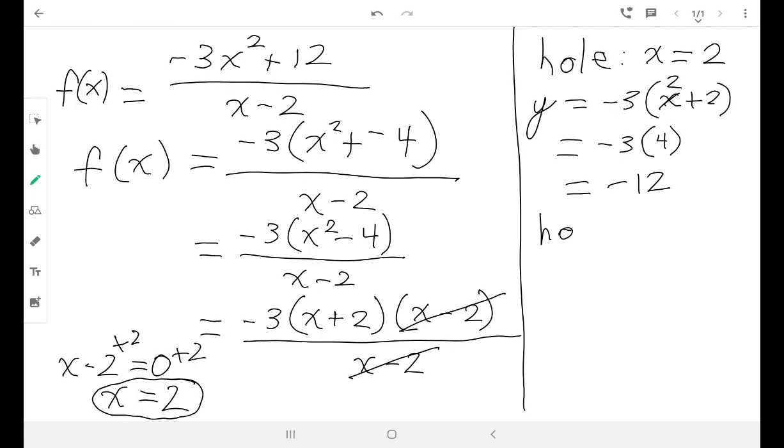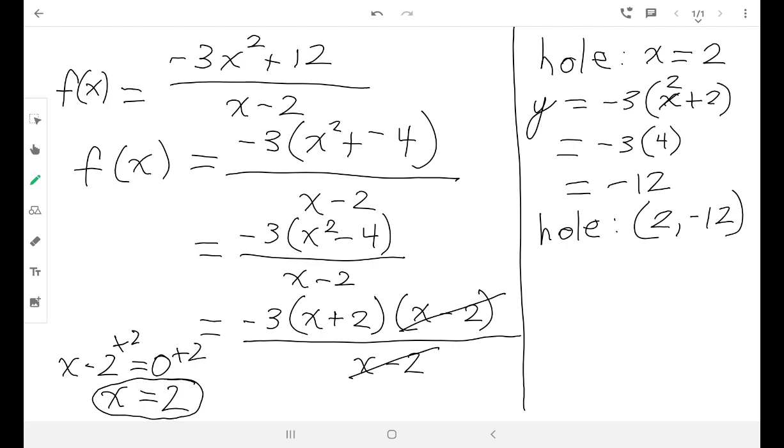So the hole is at the point 2, negative 12. So not a vertical asymptote, but a hole instead.